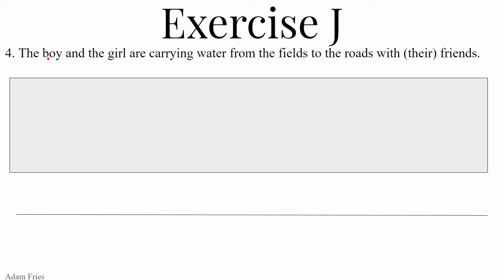It's singular, so we want the nominative singular of puer, and that is puer. And that's going to be et, which is a conjunction. Girl, puella, feminine. We want the nominative singular: puella. So puer et puella.